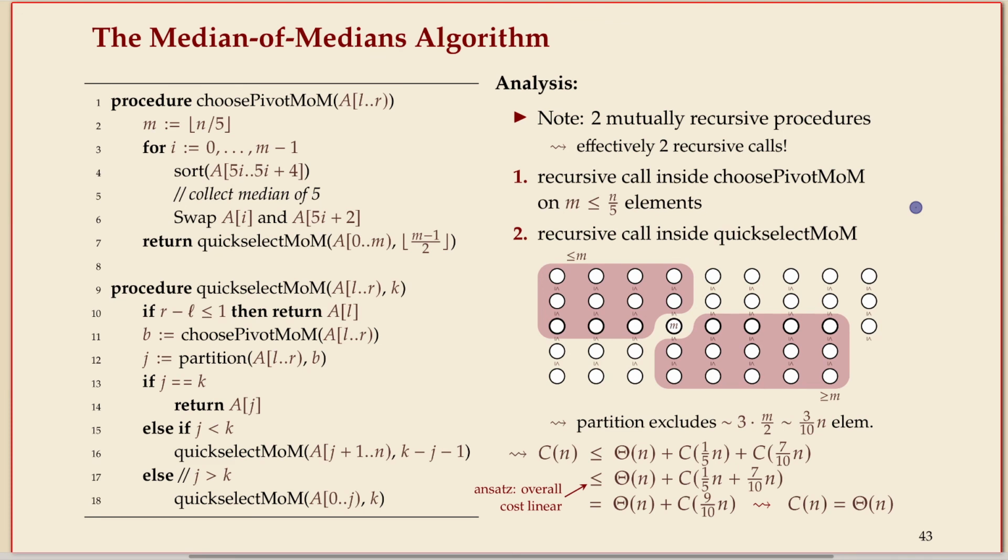I can mention that there's an intermediate version between those two extremes, picking some arbitrary pivot and picking this really, really good one where you can guarantee that it excludes a fixed fraction of the elements. You take a larger sample of the elements and pick the median from there, but you use a much smaller set than every fifth element.